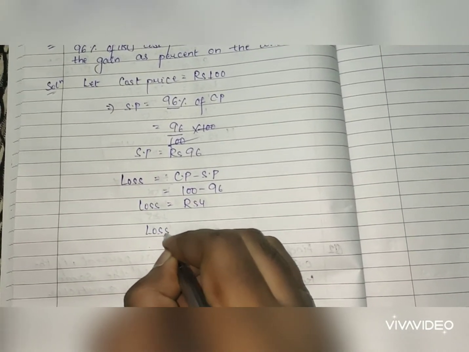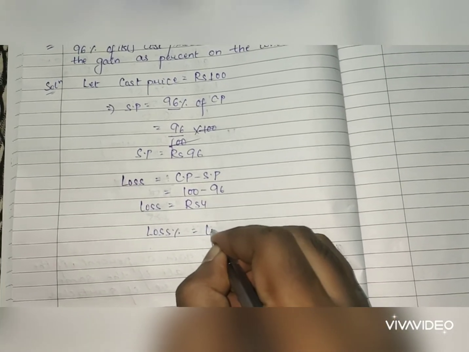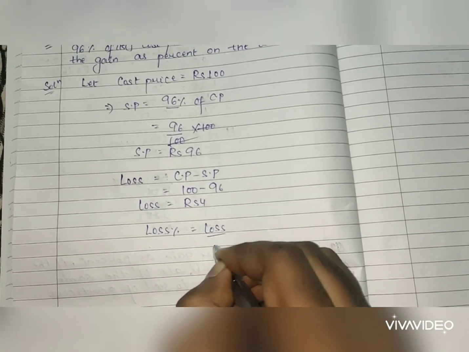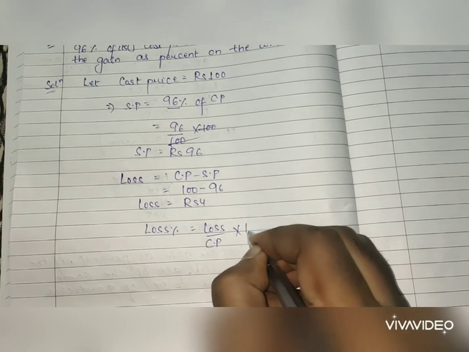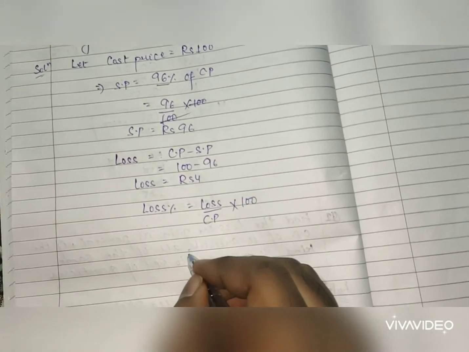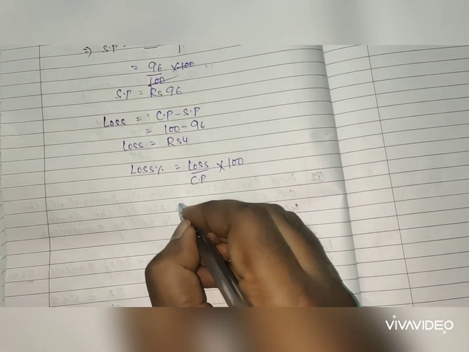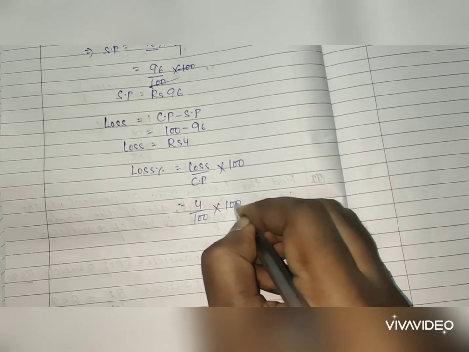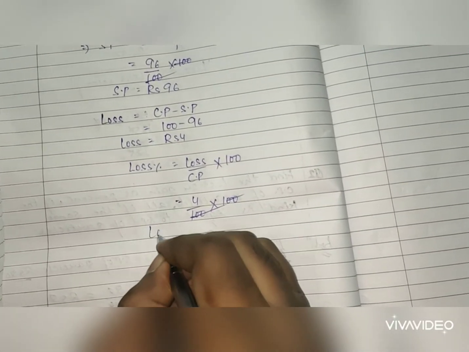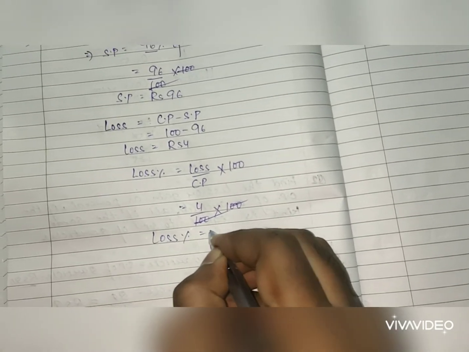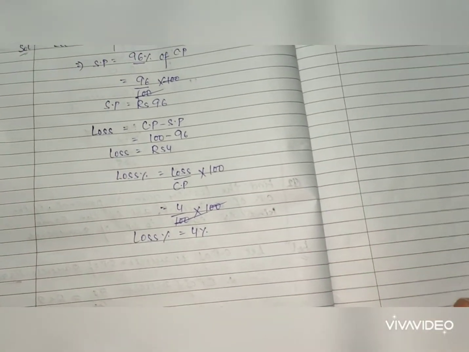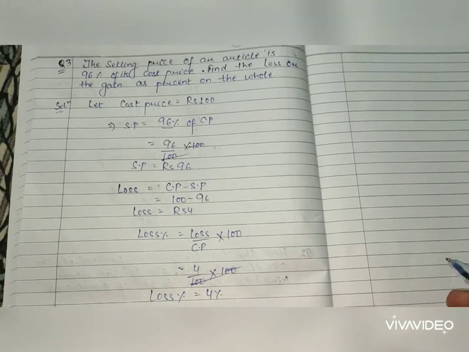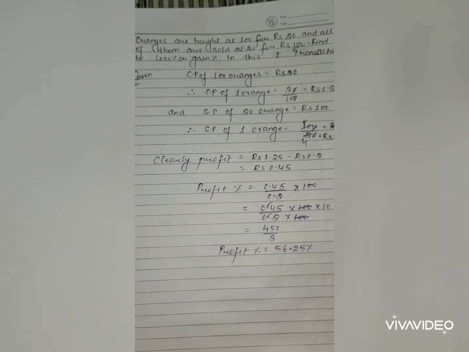So loss percent, loss is 4, CP is 100. So loss percent is 4%. Clear? Let's see the next question.